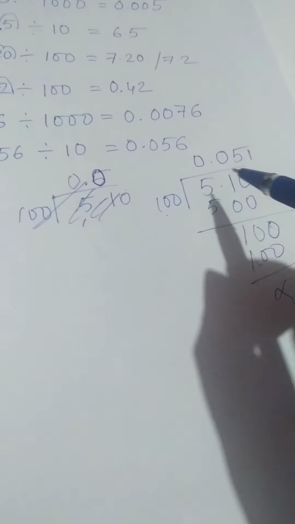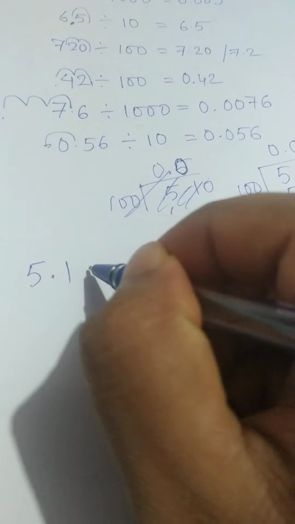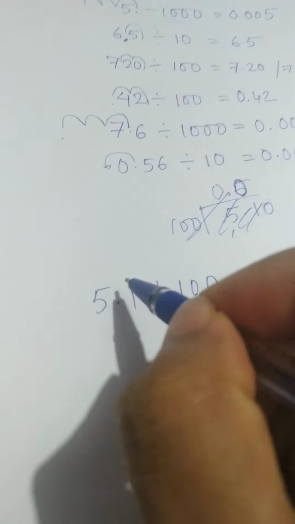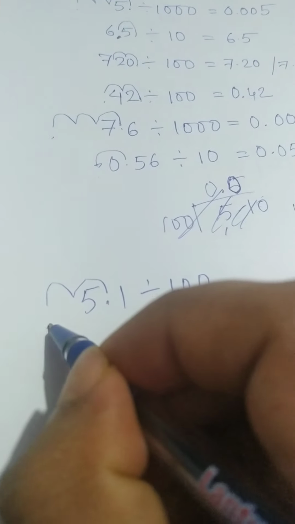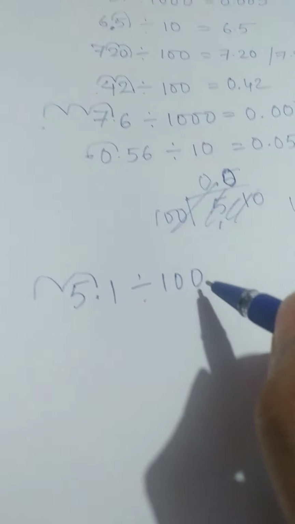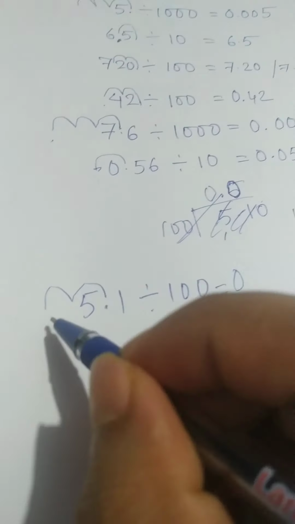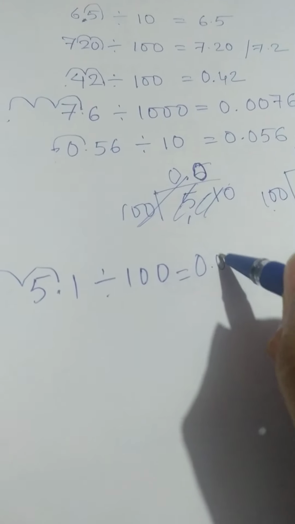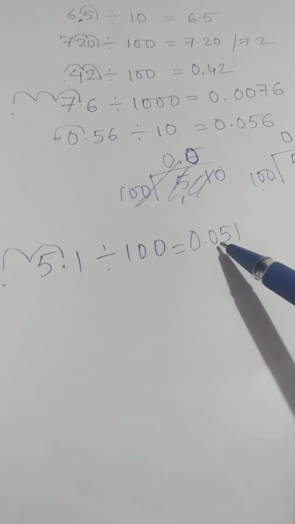If you had done it with the previous rule, it would be much easier. You wouldn't have to write these 3 lines. You could have just done 51.1 divided by 100. That means it will go 2 steps back, 1, 2, right? So the point comes over here, and we can just write 0, then the point, and 0 5 1. So you can do it either in this way or in that way.